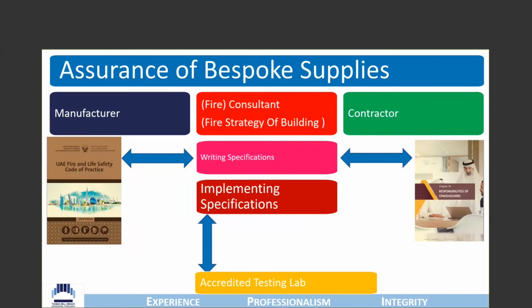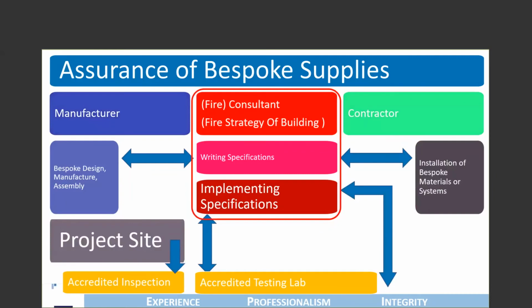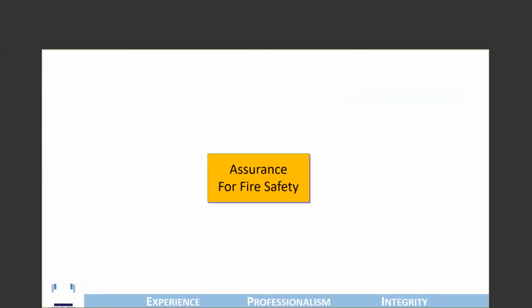And as described earlier, the contractor and manufacturer together with the consultant will ensure that the process of choosing the samples from the site, maintaining its traceability, and going back to get the test report clubbed with inspection of how the material is installed on the site form the basis of assurance.